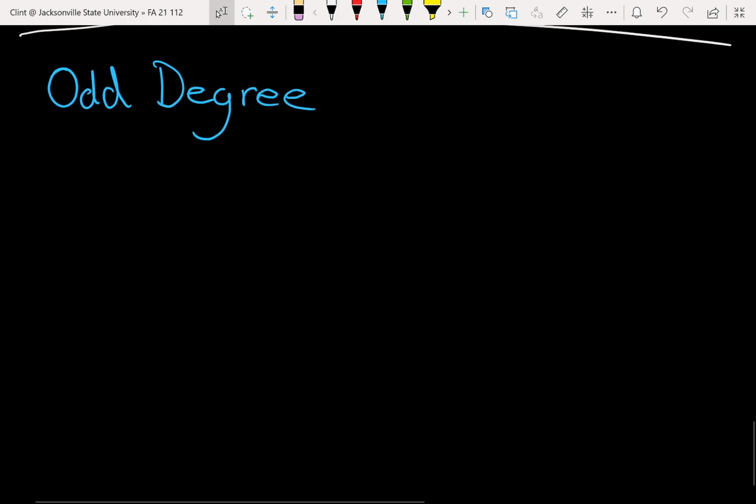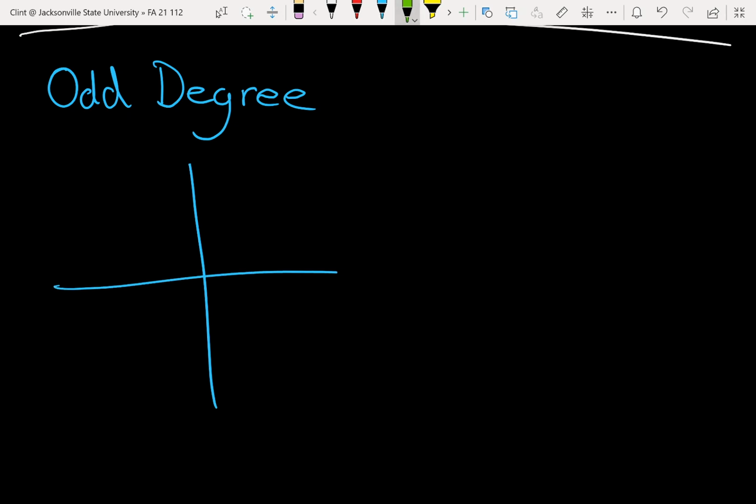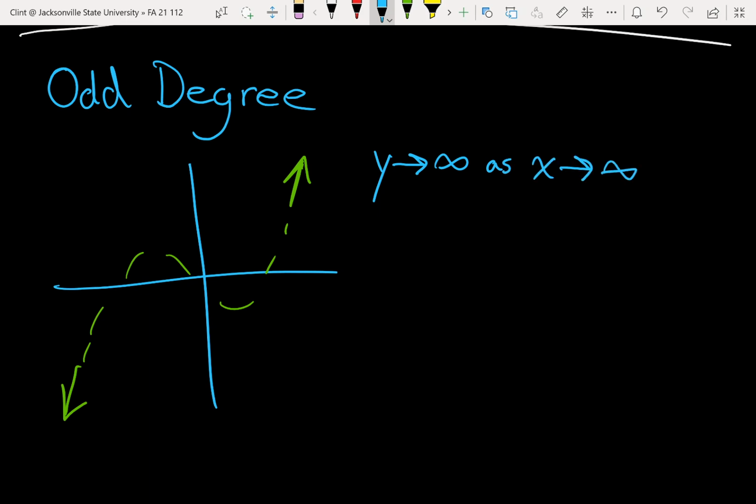So if we have odd degree, two situations. Either it goes down to the left, up to the right. Something happens in the middle. In that case, the way we would describe it, we would say y goes up toward positive infinity as x goes to the right toward positive infinity.